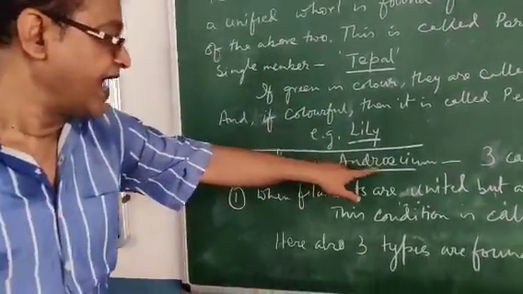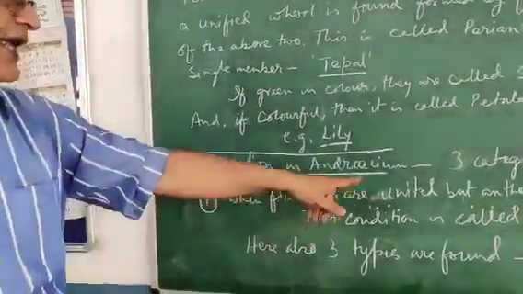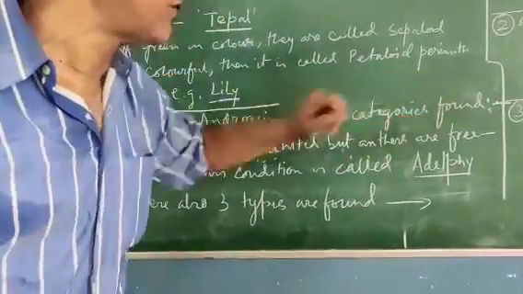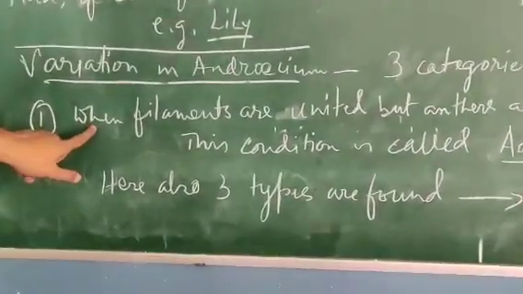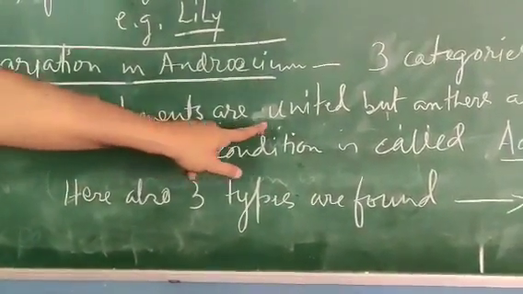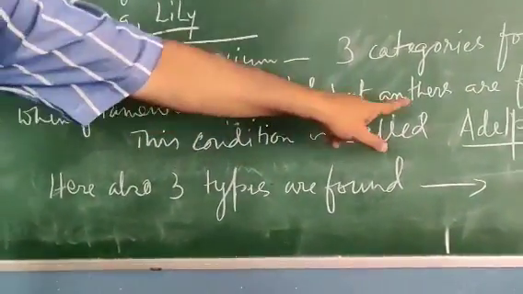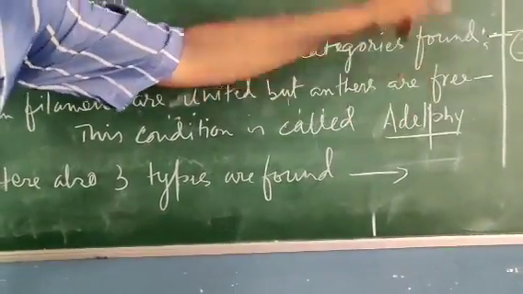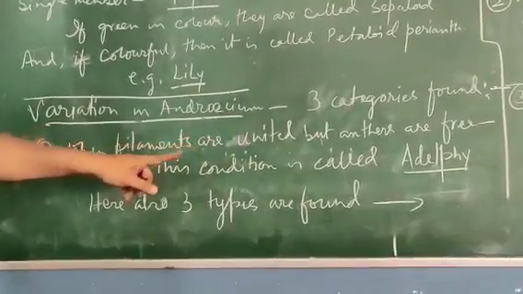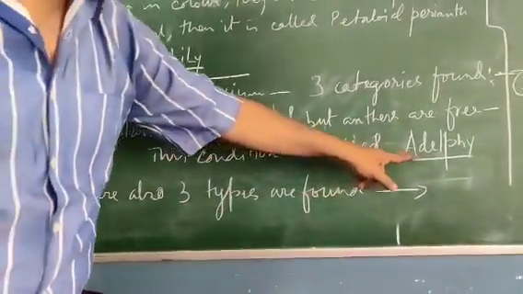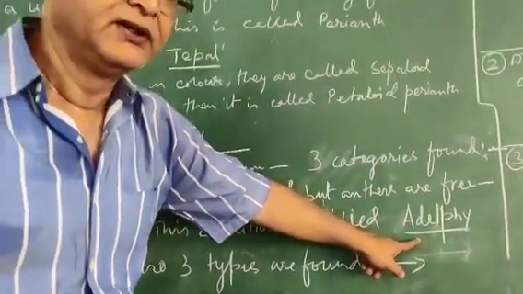Variation in androecium. There are three categories of variation. Number one, when the filaments are united but anthers are free. This condition is called adelphy.